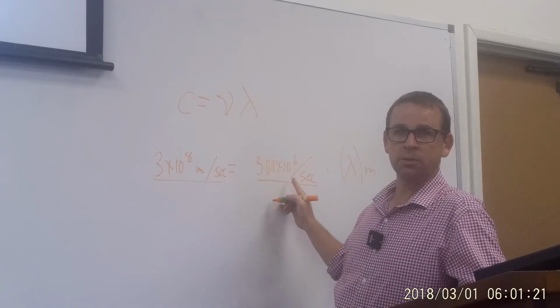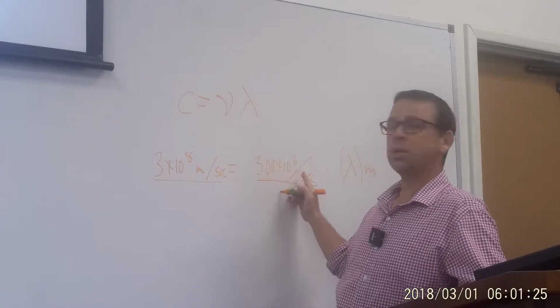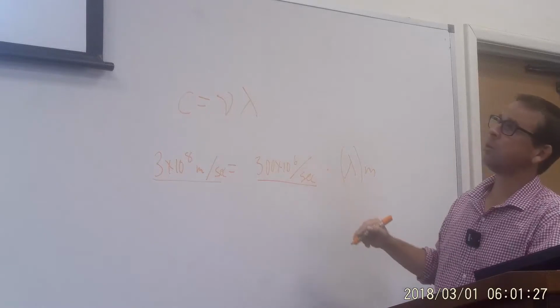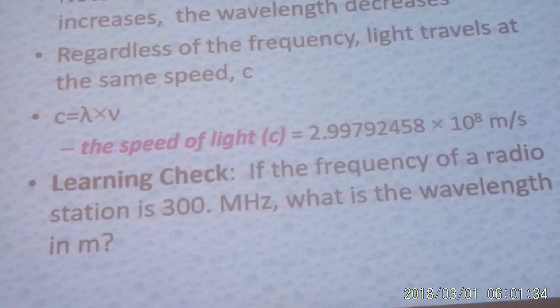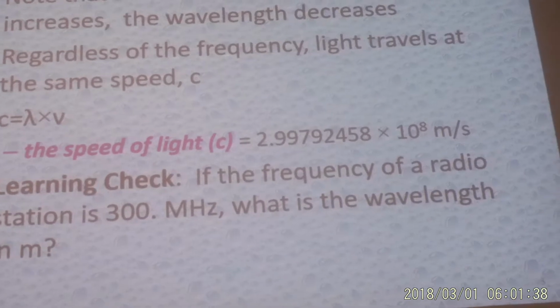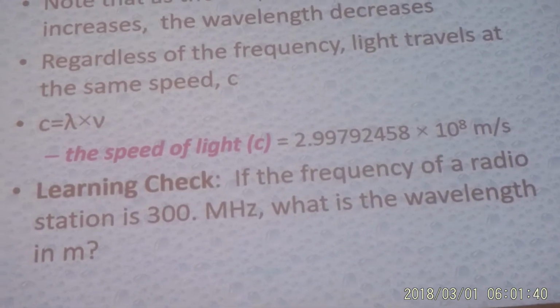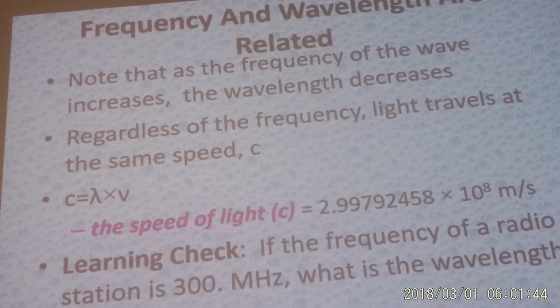Did you convert that to per seconds instead of megahertz? So 300 times 10 to the 6th? Yeah, so the mega is 1 times 10 to the 6th. True? So 300 times 10 to the 6th hertz, which is units per second.